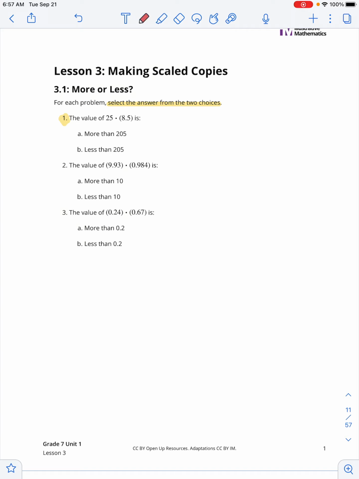So in class, we talked about how the value of 25 times 8.5 is more than 205, and there's a couple of different ways we can think about it. We know that 25 times 8 is 200. One way to think about this is that 25 cents is the value of a quarter.